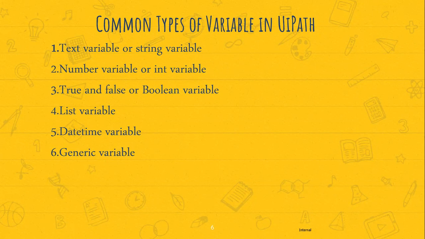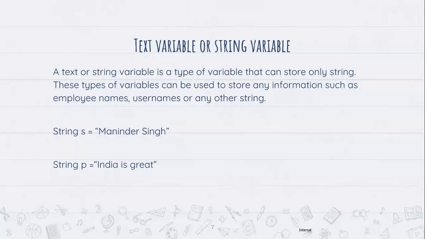Or it is a list variable, a date time variable, or a generic variable. Most people will be familiar with text, number, true false, and list. The new things for you will be date time and generic. We're going to use them in a practice session. We have practice examples also. First, let's see a little bit of theory.